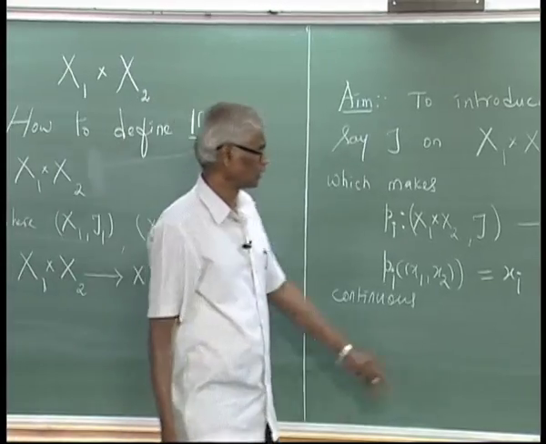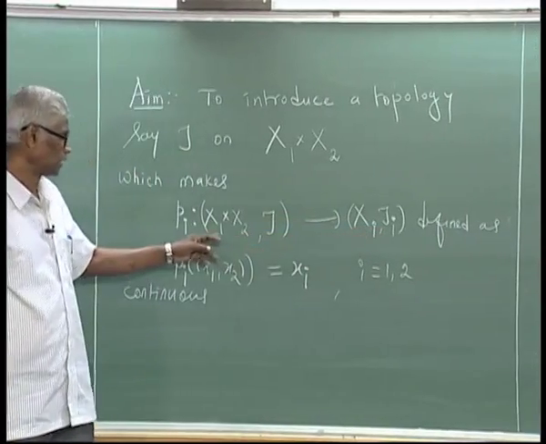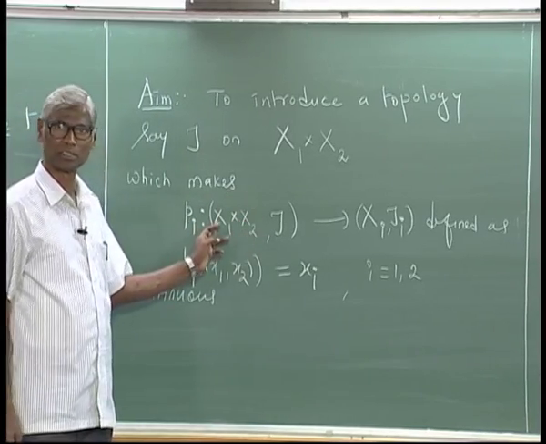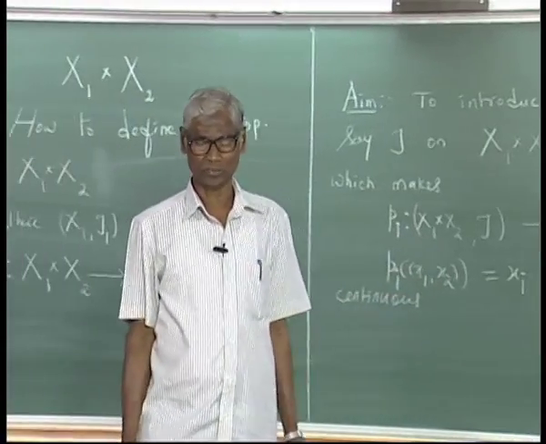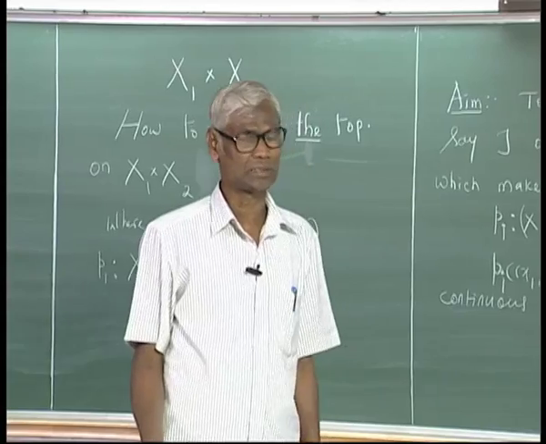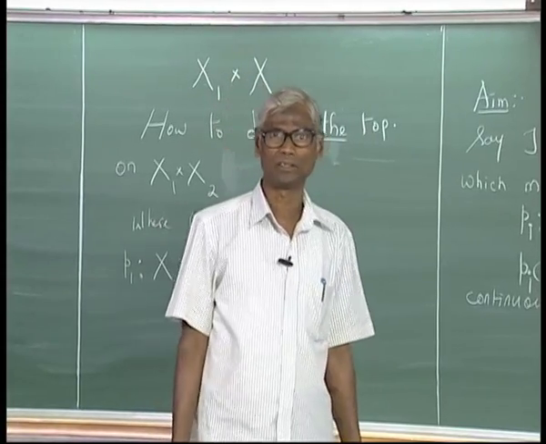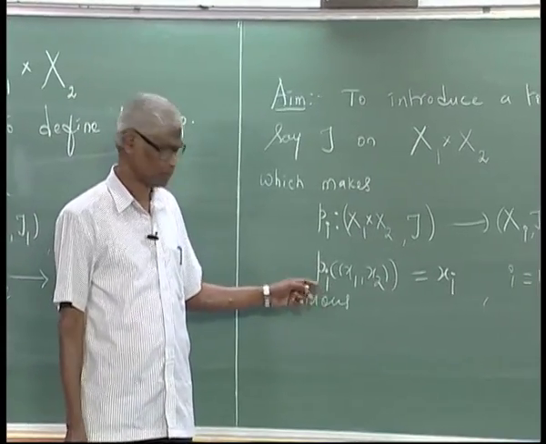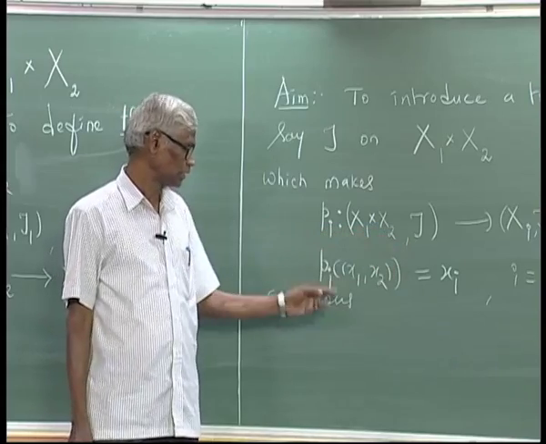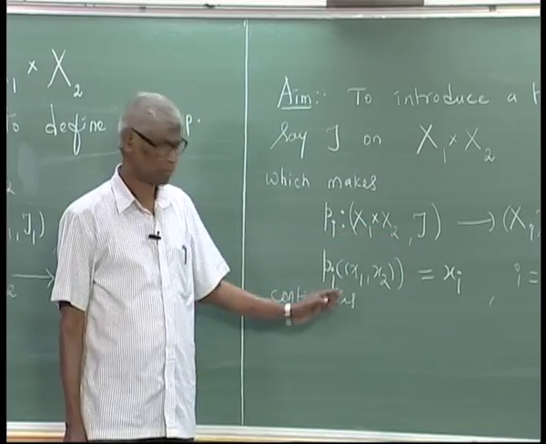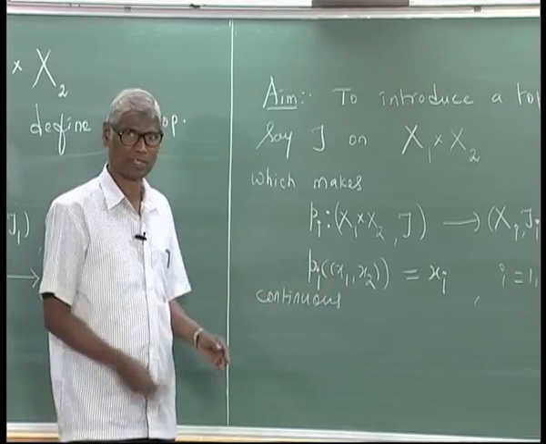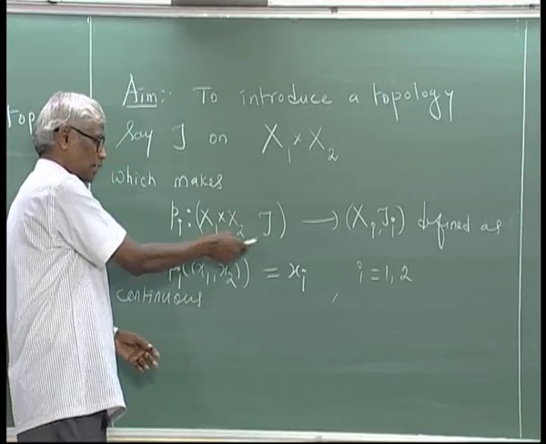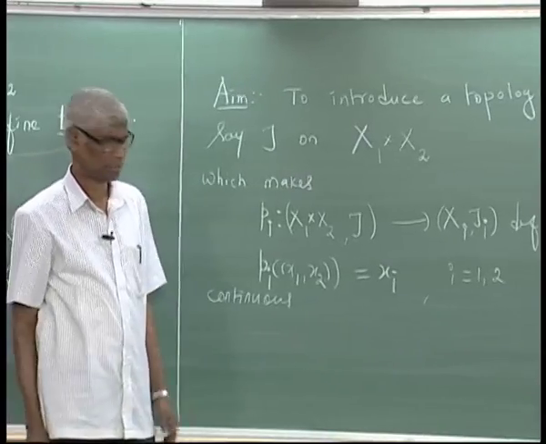Then whatever the open set here, the inverse image with respect to this function will be some subset of X1 cross X2. If the topology is discrete, then every set is open, and each Pi will be continuous, but we do not want such a large collection of open sets.